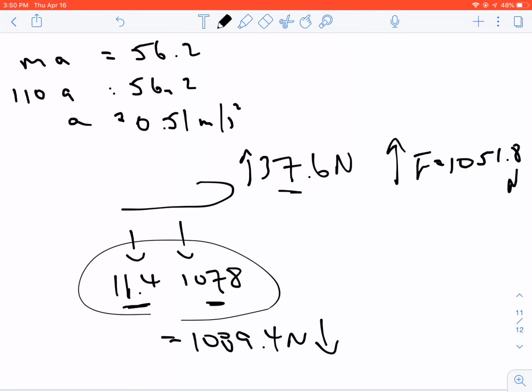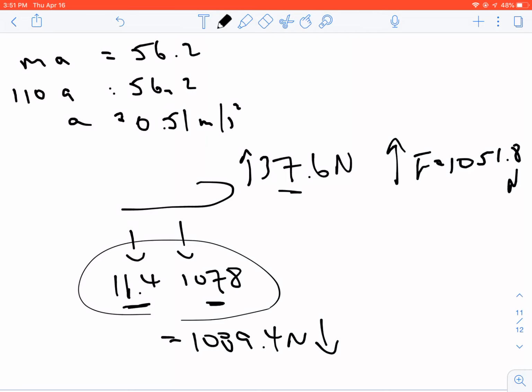I'm just going to double check that that's the answer, because like I said, the question is not especially well worded, and it looks like they're not even giving you chapter 4, question 50. 0.56 meters per second squared.